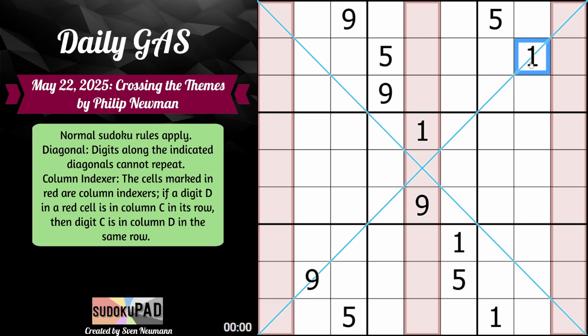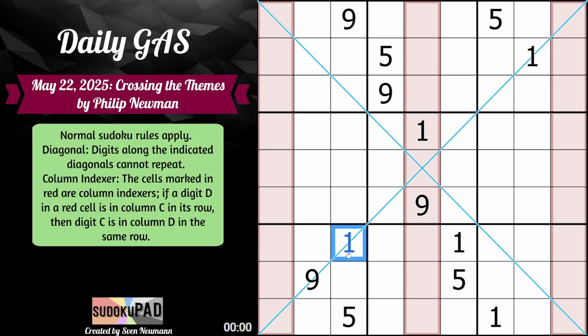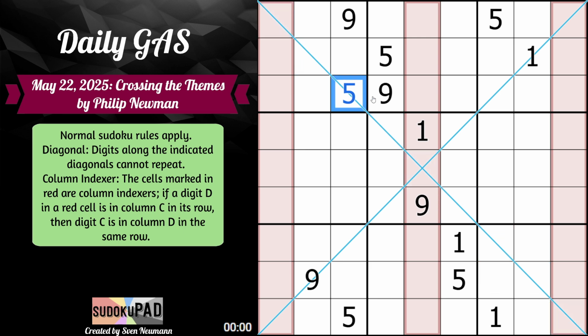So for example here, ignoring this 1, by Sudoku we couldn't place a 1 here because the 1 already exists on the diagonal. Let's do something a little more intelligent by placing a 5 here. If we placed a 5 here, that would bar 5 from going anywhere else along the diagonal.